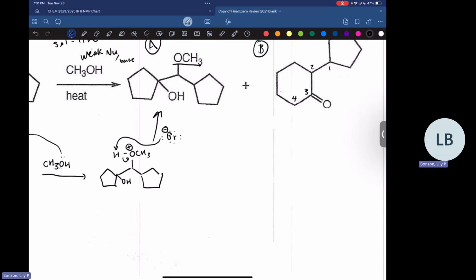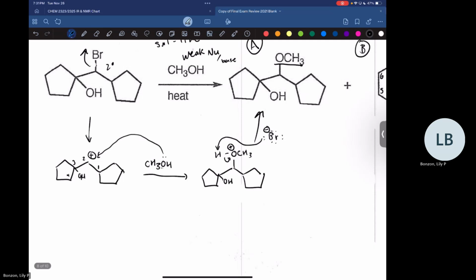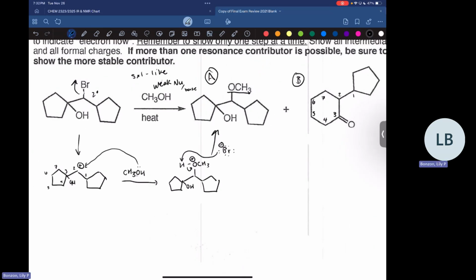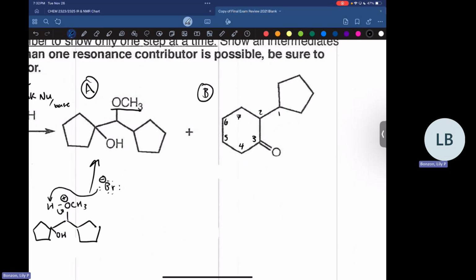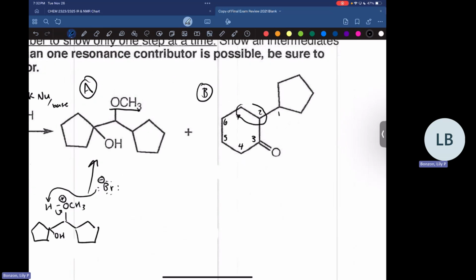I'm going to number down around the ring. Again, this is arbitrary. You could have started from somewhere else, wherever makes sense to you. Again, this is just to make sure I'm putting everything in the right place. So you'll see in the end product, we formed a bond between 2 and 7.